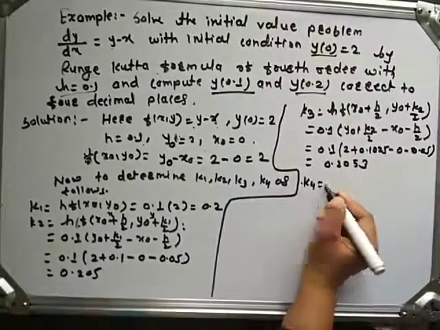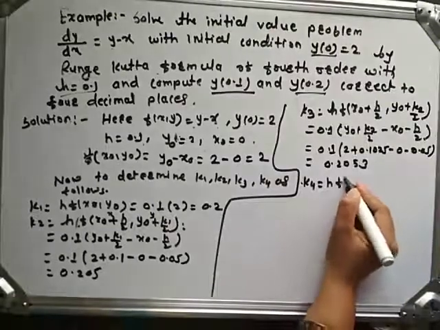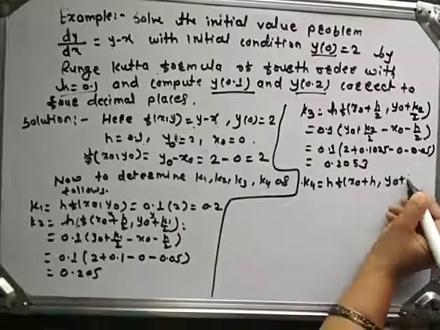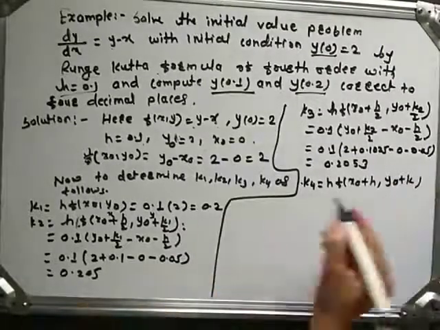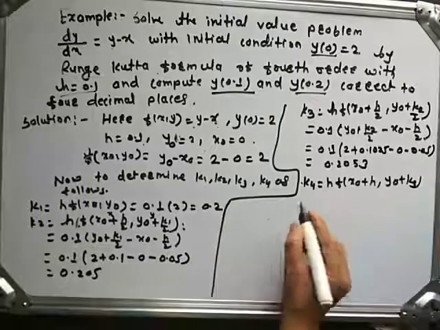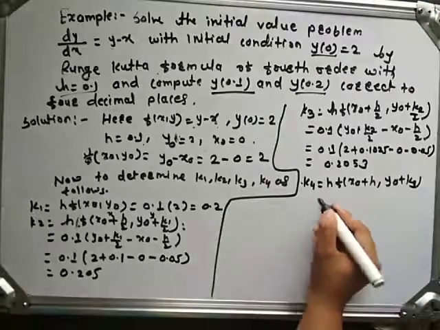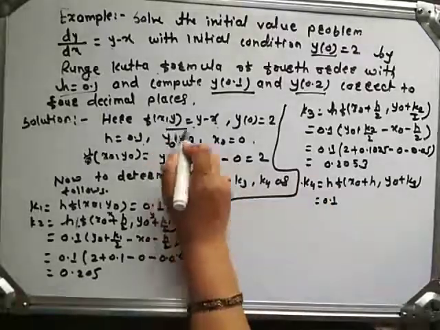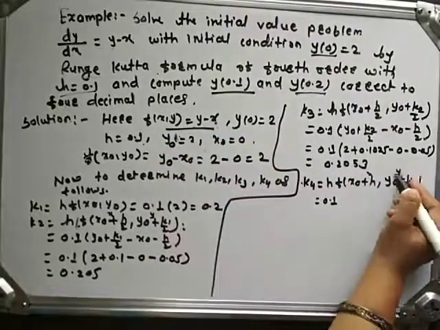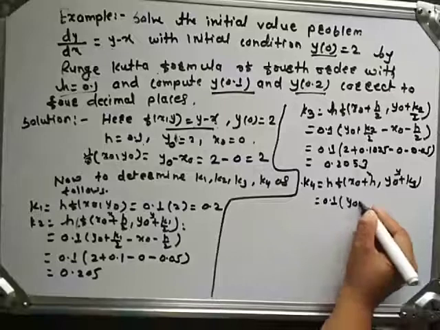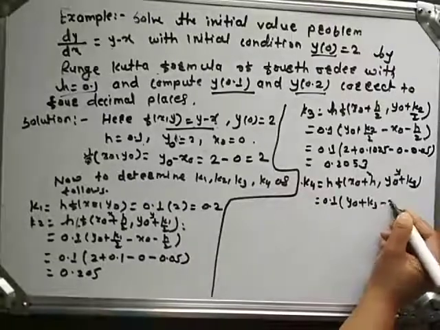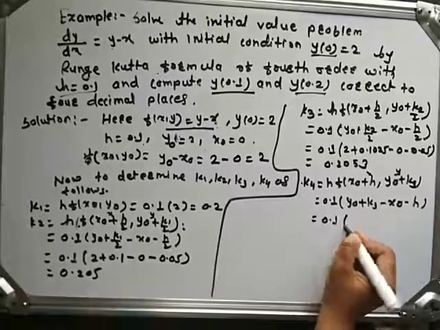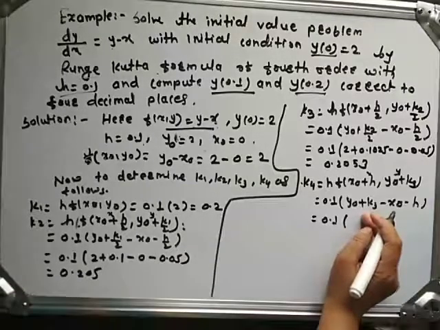Now find out K4. Formula is h into f of x0 plus h, comma y0 plus k3. Therefore, h is 0.1, f of xy is y minus x, this is x and this is y. So, y0 plus k3 minus x0 minus h, which is equal to 0.1 into y0 plus k3.